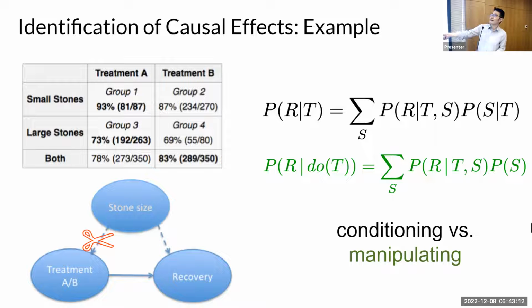And then if they are independent, you can make use of the statistical rules and find this probability. The only difference intuitively, in order to find this causal effect, is to replace the conditional probability of stone size given treatment with the marginal distribution of stone size, because now stone size and treatment are independent.